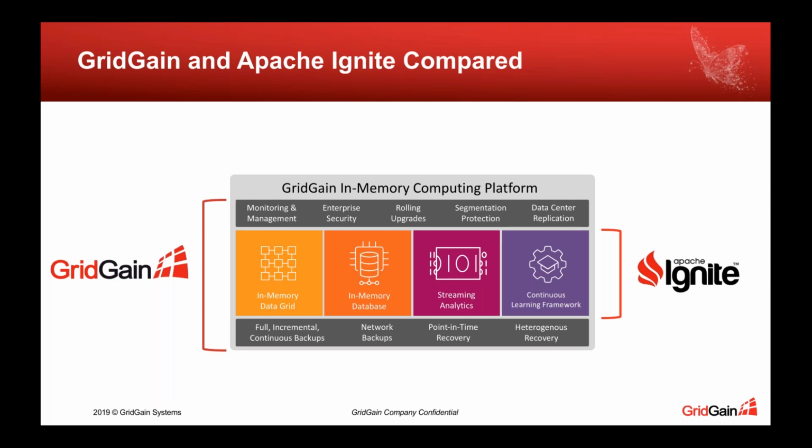So what GridGain adds is the security, the deployment, monitoring, and management tooling that allows people to, with comfort, with confidence, take Ignite into production, or a business critical app that can never go down, or to manage a distributed database in production. All that tooling is actually in GridGain. A lot of it is not actually part of Ignite.